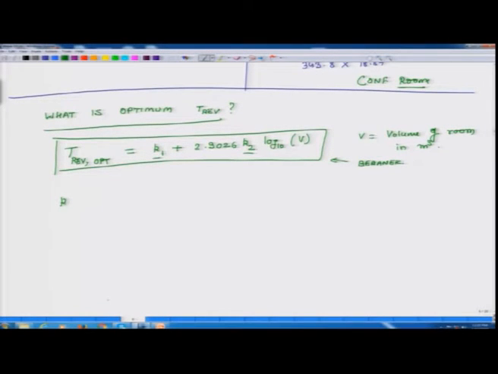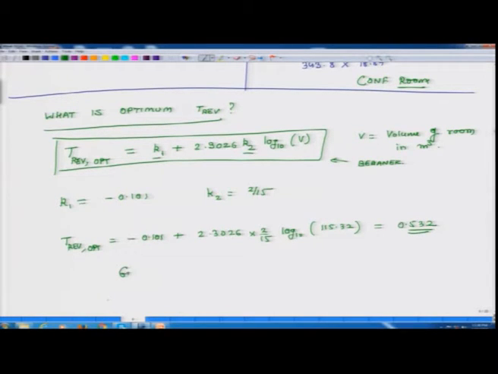So, if that is the case, then from the table which I had shown earlier, K1 is minus 0.101 and K2 is 2 by 15, and T rev opt is equal to minus 0.101 plus 2.3026 times 2 by 15 log 10 of the volume of the room, 115.32, and that works out to be 0.532 seconds.